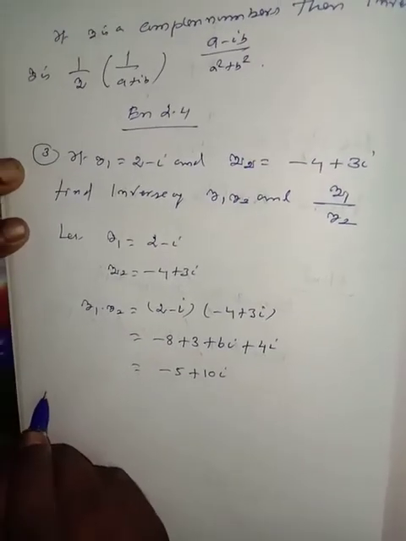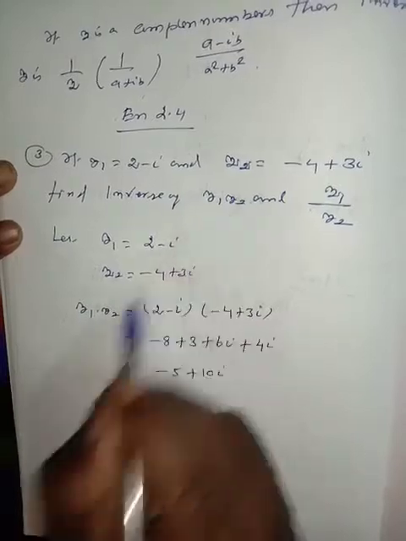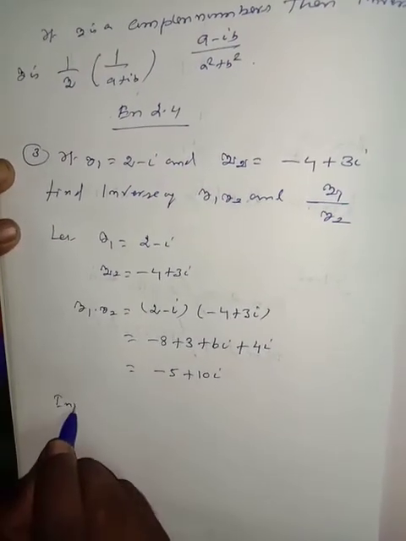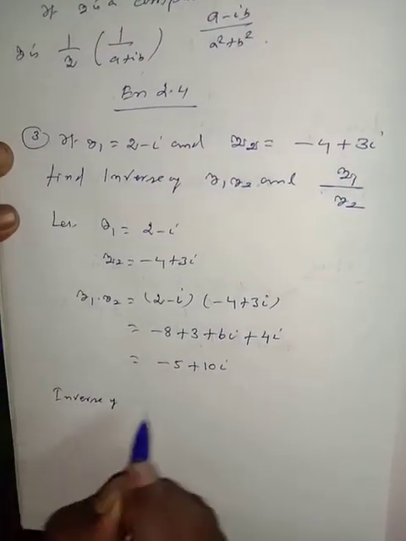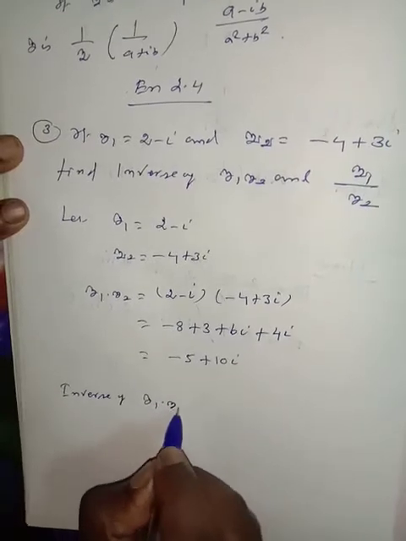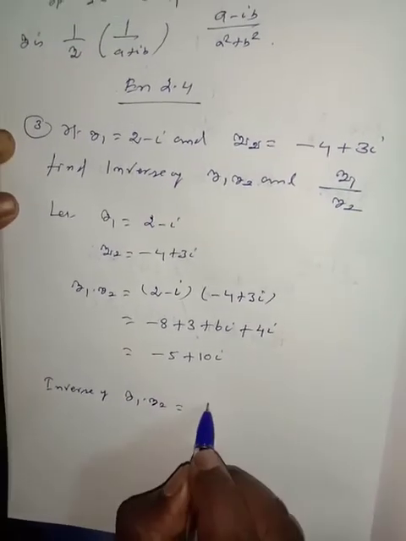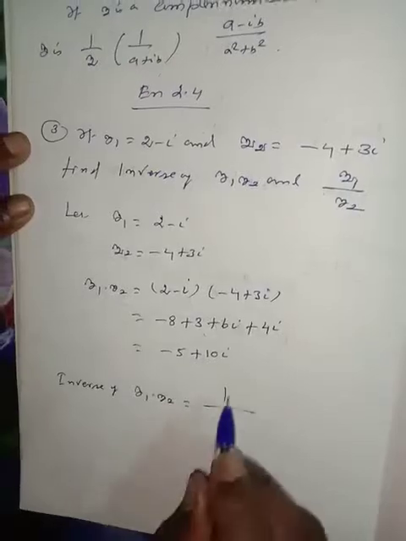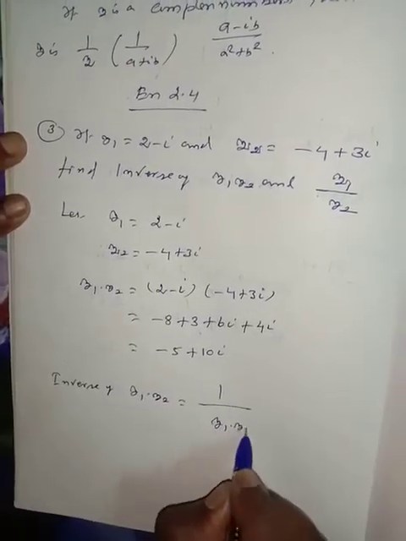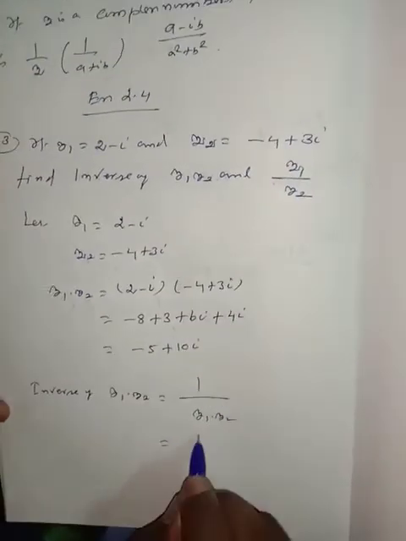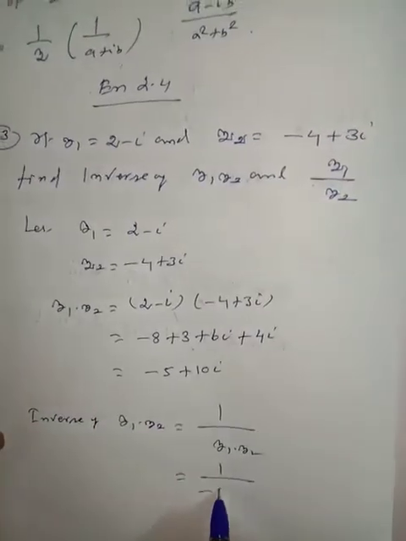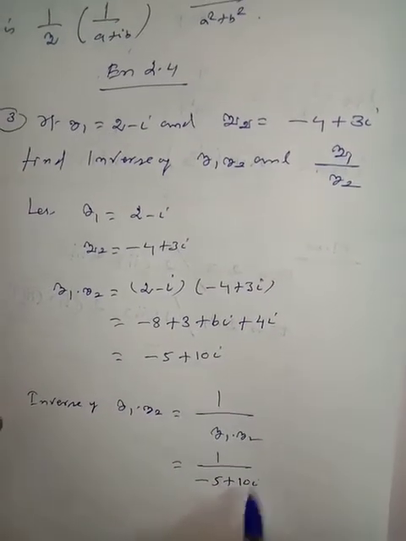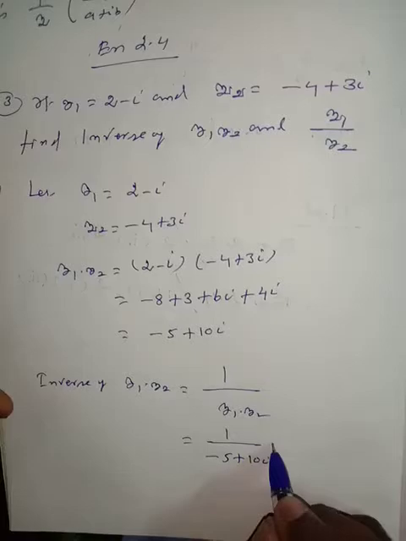First, question number 1: inverse of z1 z2. The inverse of z1 into z2 means 1 by z1 dot z2, which is equal to 1 by minus 5 plus 10i. Multiply numerator and denominator by the denominator's conjugate.